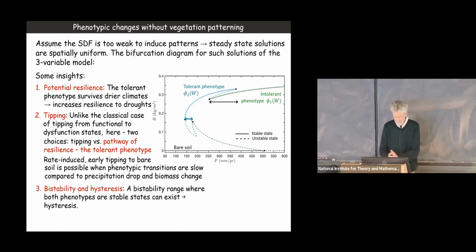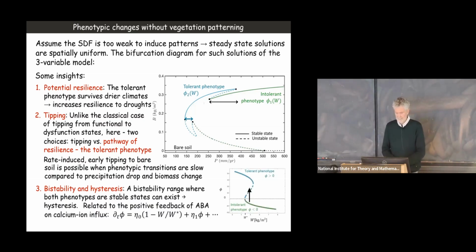Another thing that this bifurcation diagram reveals is that we may have bistability and hysteresis, bistability of the two phenotypes, tolerant and intolerant. And this is related to the positive feedback of ABA on calcium ion influx.